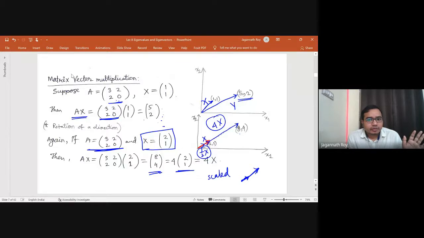It can also be in the negative direction. This is also scaling, so it can be like minus half x or minus 4x.